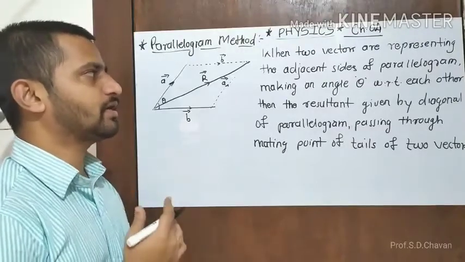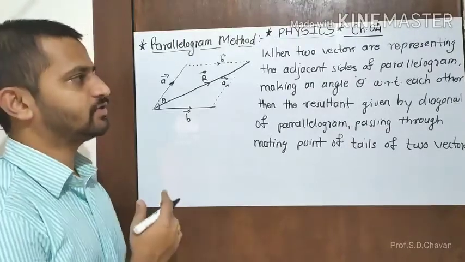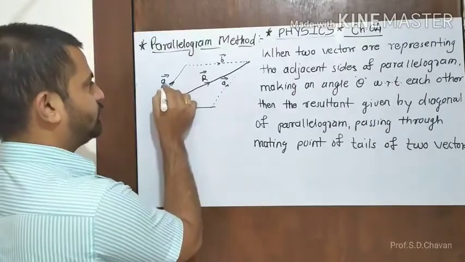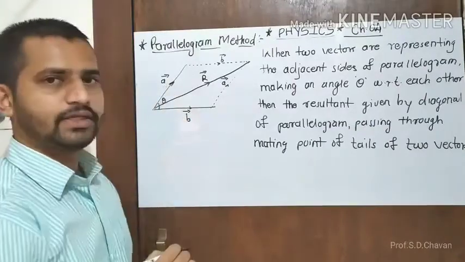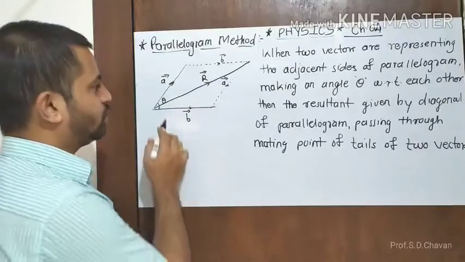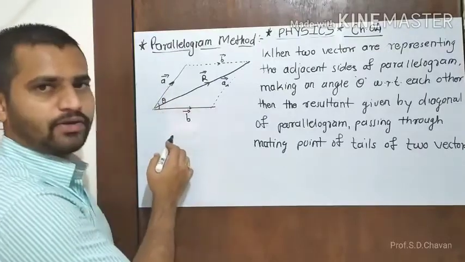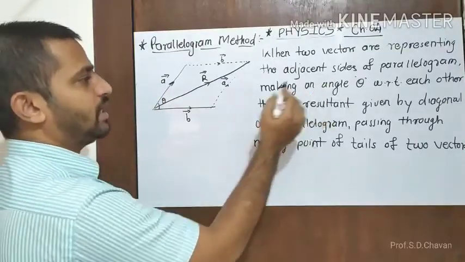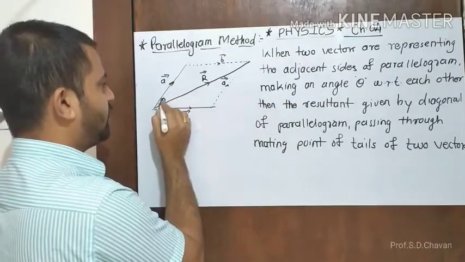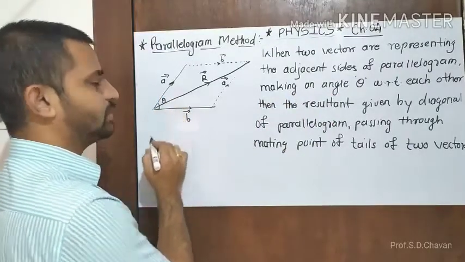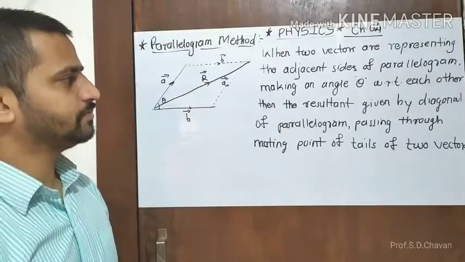When the two vectors are representing the adjacent sides of the parallelogram, this is vector A and this is the vector B. These are representing the two adjacent sides of a parallelogram. Then making an angle theta, this is the angle made by vector A and vector B with respect to each other, that is the angle theta.